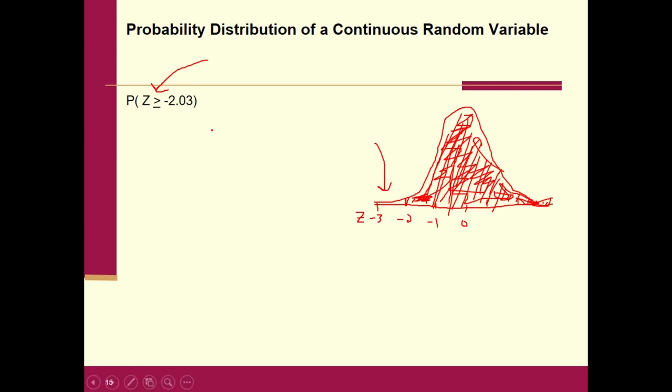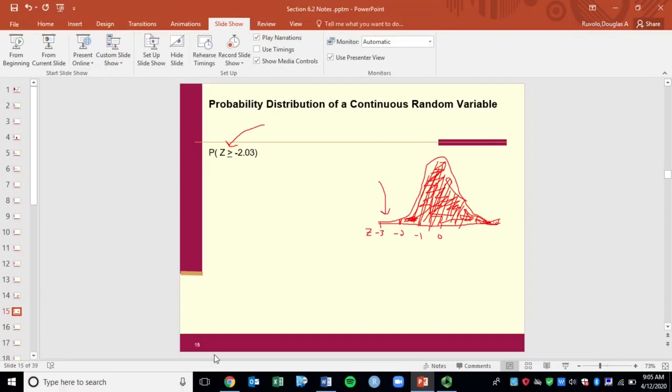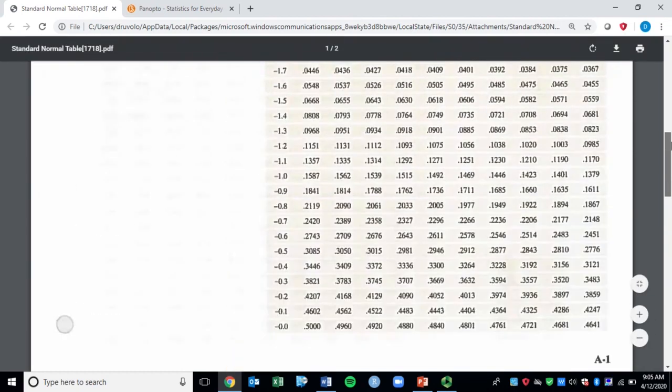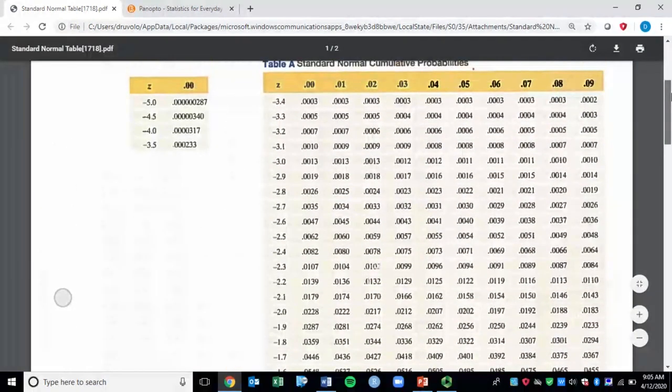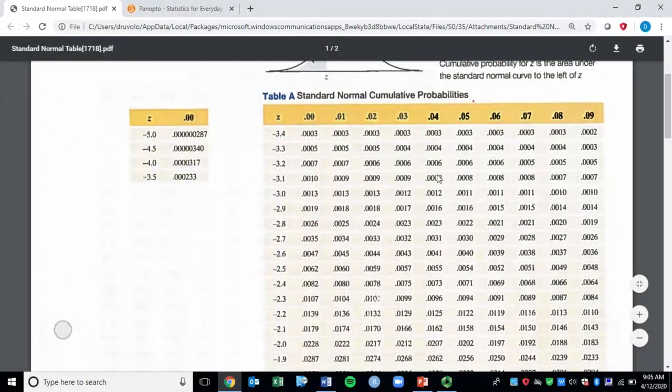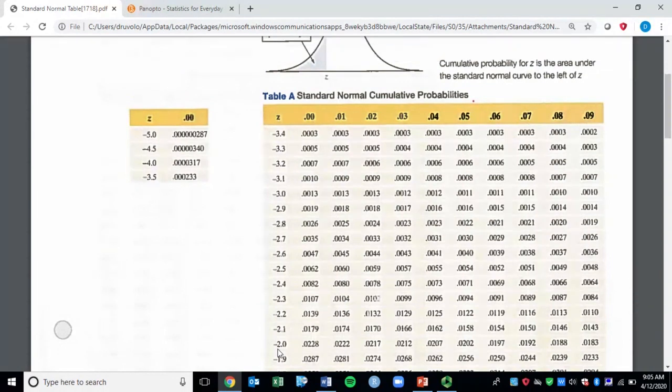All right. So negative 2. So we got to be on this side, right? This side of things. And we got to look up at negative 2.03. So why don't you go ahead and look it up on your table. All right. And let's see if you get the right answer.